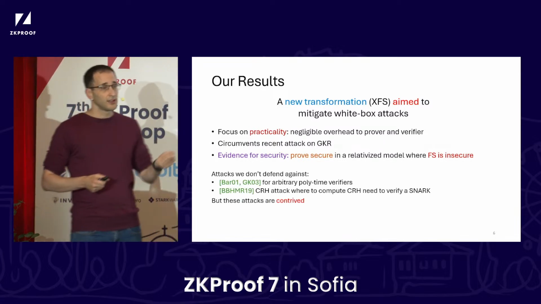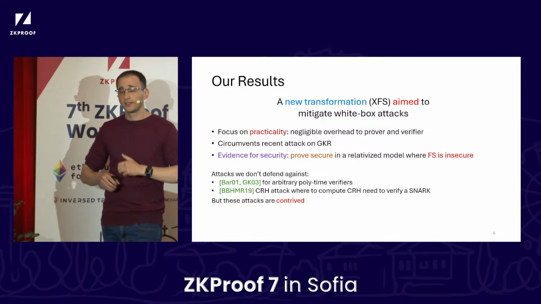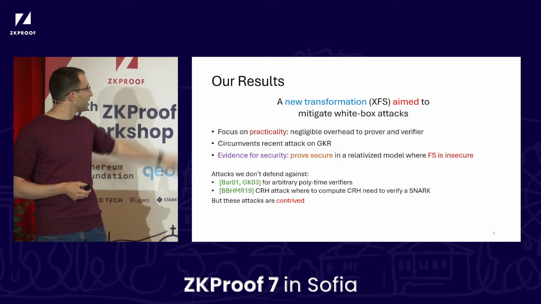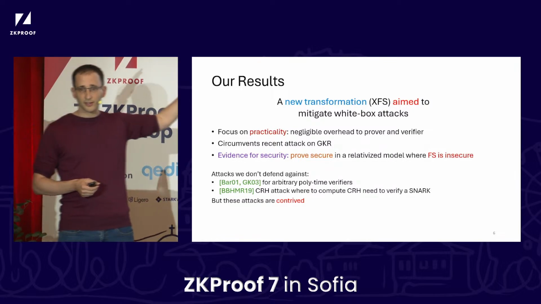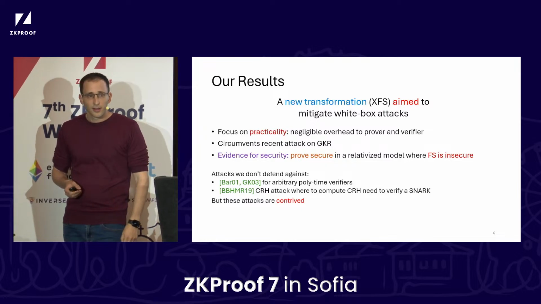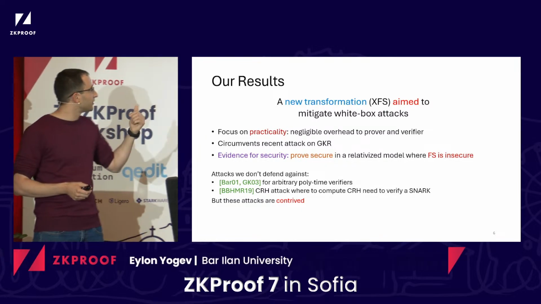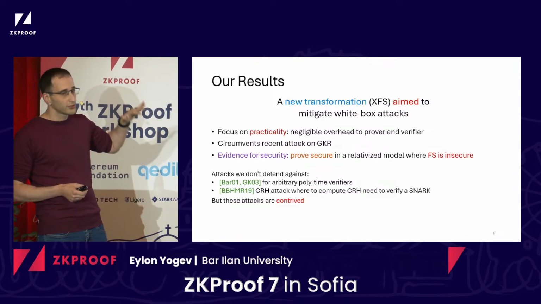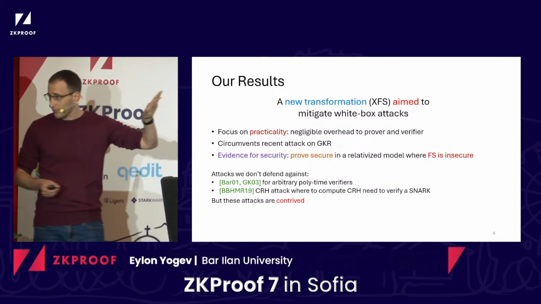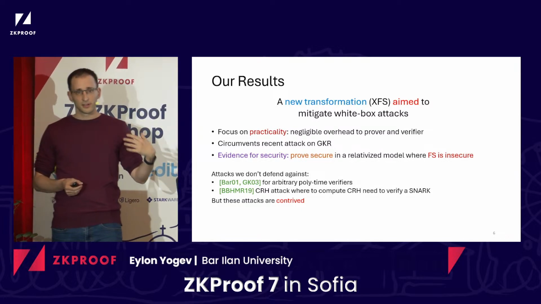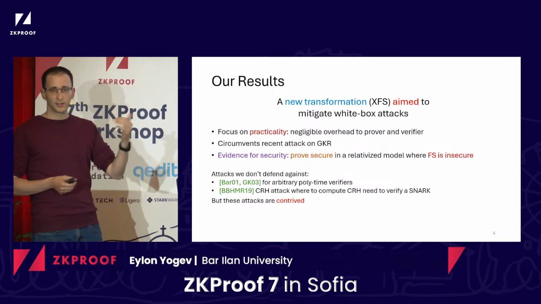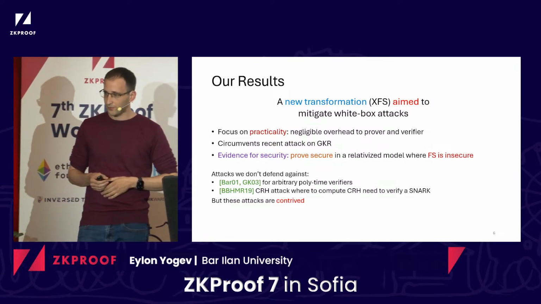I'll also say that our XFS doesn't protect against all the attacks we know, okay? In particular, it doesn't protect against the attacks that we talked about, the Barak and Eylon and the Goldwasser and Kalai attacks. So these attacks still work for Fiat-Shamir and for our transformation. However, these attacks are much more contrived, and the GKR one, which is natural, is defended against.